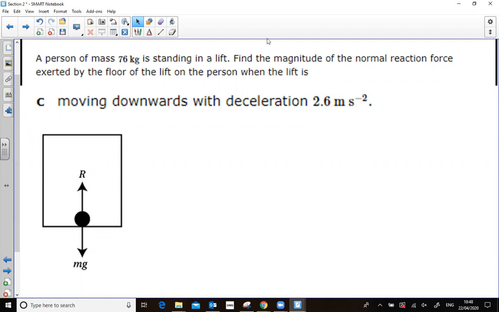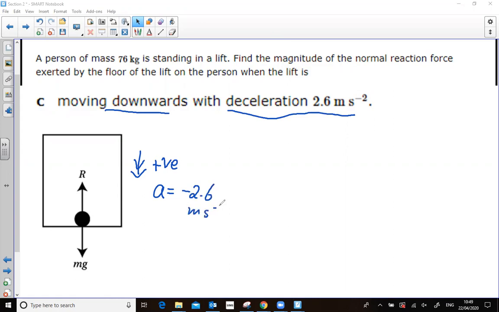Again, let's draw on the diagram. So it's moving downwards. Okay, so let's still say going down is our positive direction, but be careful what is your a. If it says it's a deceleration of 2.6, then we have to give a negative sign. So a is negative 2.6 meters per second squared.